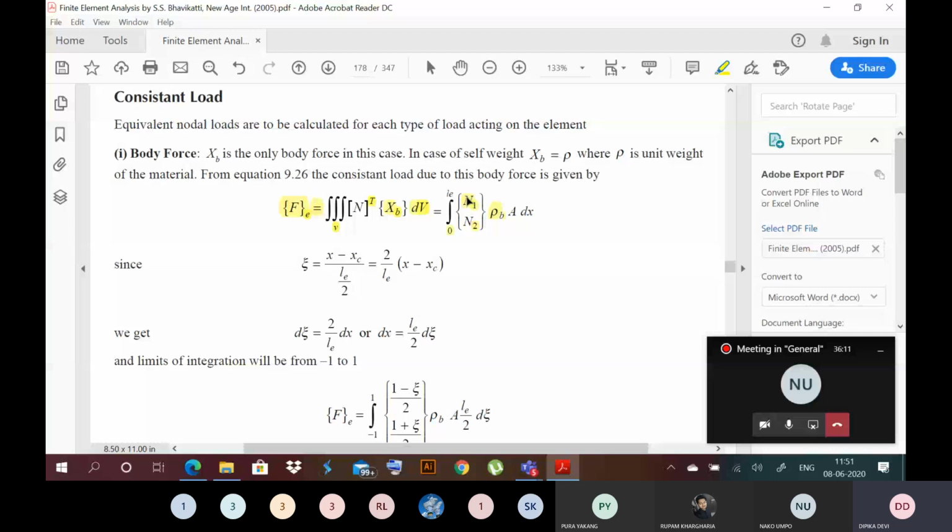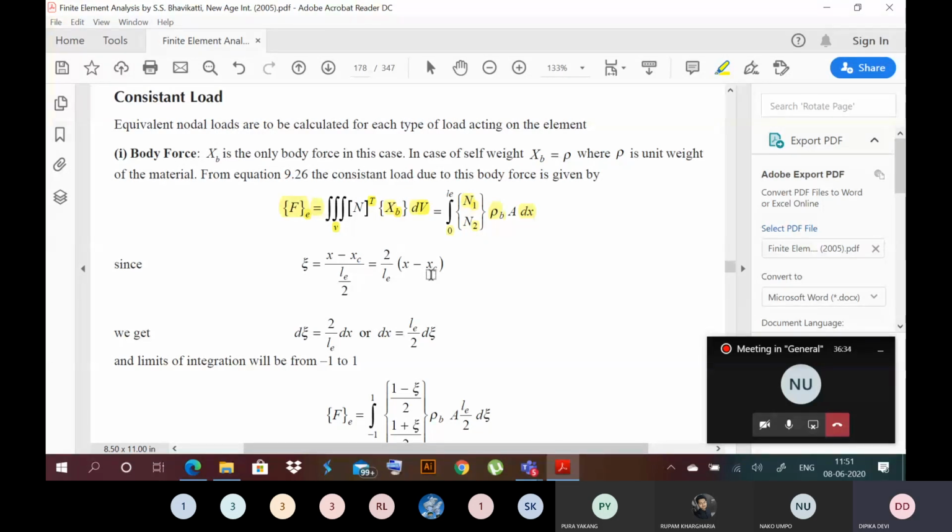If we use the Cartesian coordinate system, N1 will be a function of x. So if we use Cartesian shape functions, you can directly do the integration. But if we use N1, N2 in terms of the natural coordinate system, then you have to replace dx in terms of dxi. So here is the relationship between xi and x.